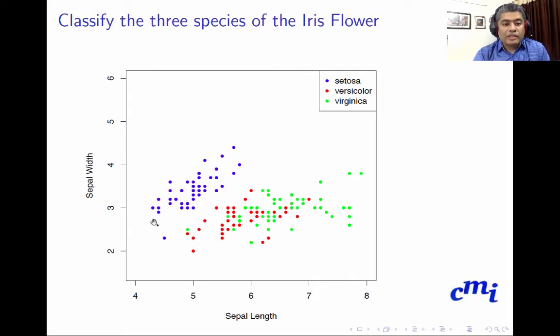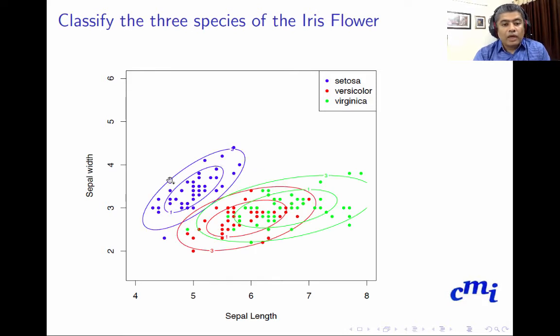If I take only these blue points, the flowers which belong to setosa, and compute the mean, which will be somewhere here, and the covariance matrix, then we can model this set of blue points, which represent the species setosa, through a simple bivariate Gaussian distribution.